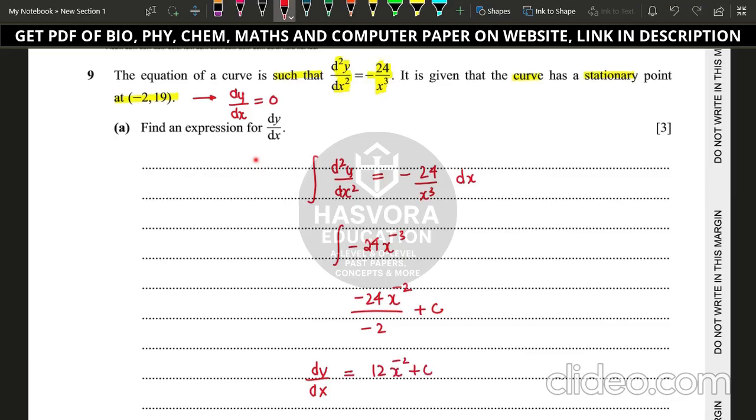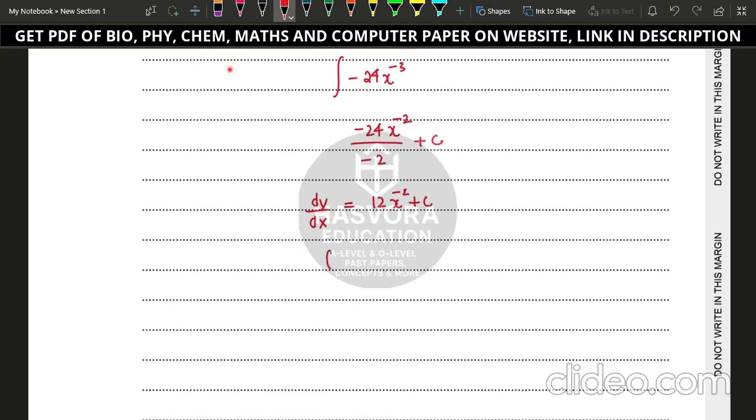Now I'm going to find the c. I know that at (minus 2, 19) I have dy by dx as 0. So it becomes 0, and then I plug it in: 12 divided by minus 2 squared plus c.